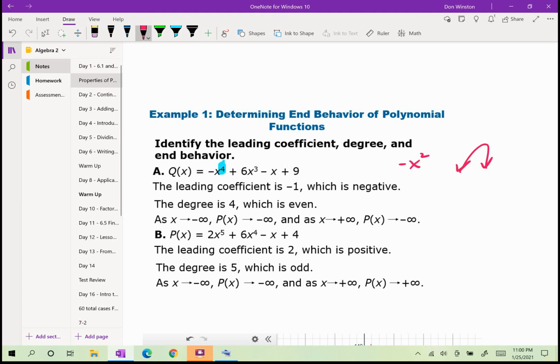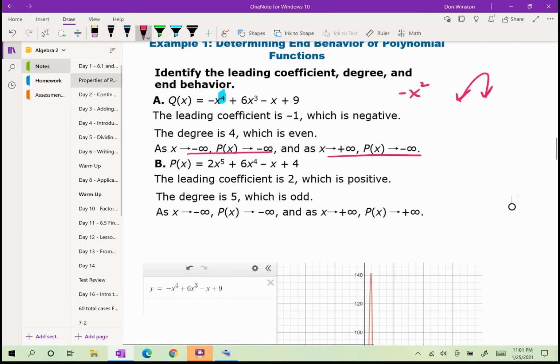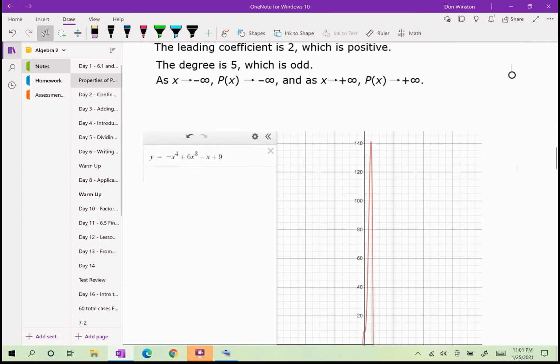And so as x goes to positive infinity, y will go to negative infinity. As x goes to negative infinity, y will go to negative infinity. It's even degree, so the ends go in the same direction. The leading coefficient is negative, so the y values are going to get more and more negative.